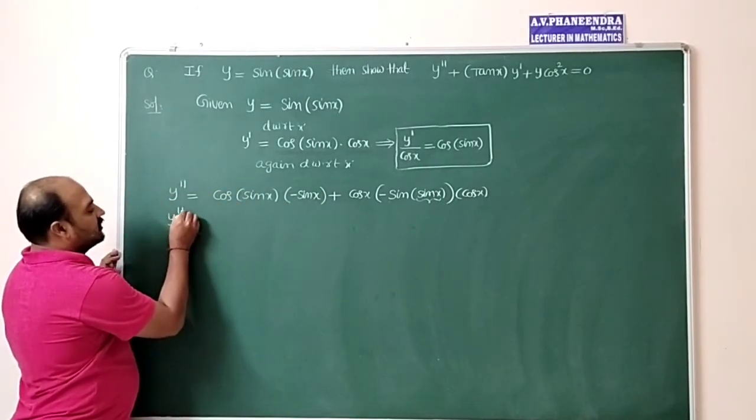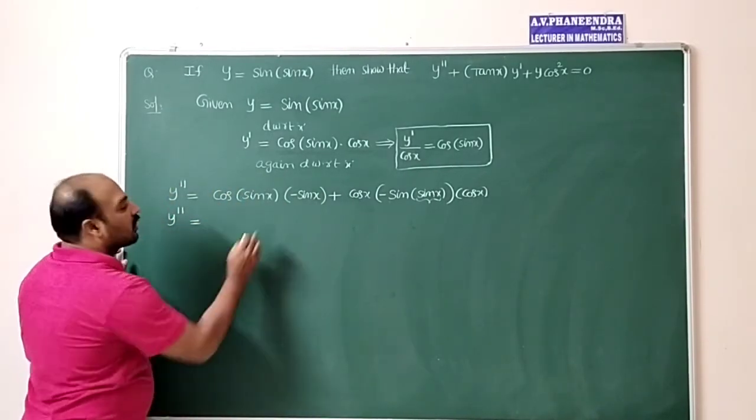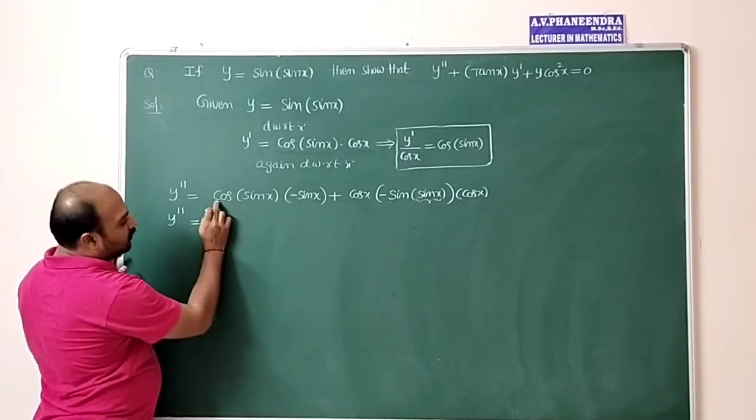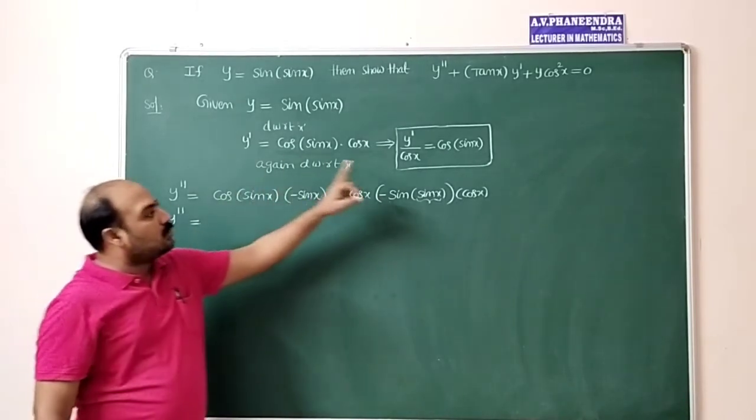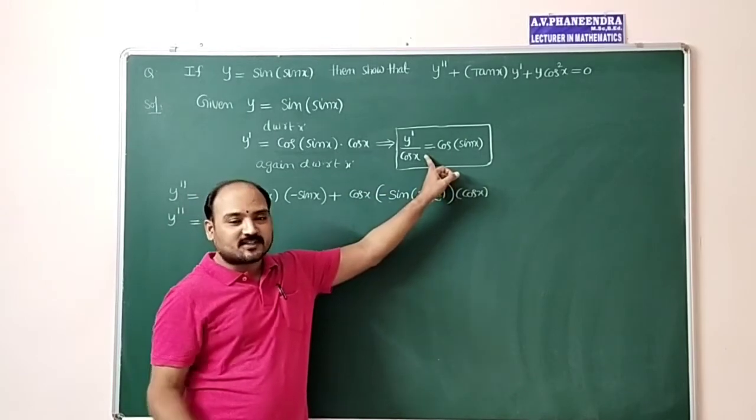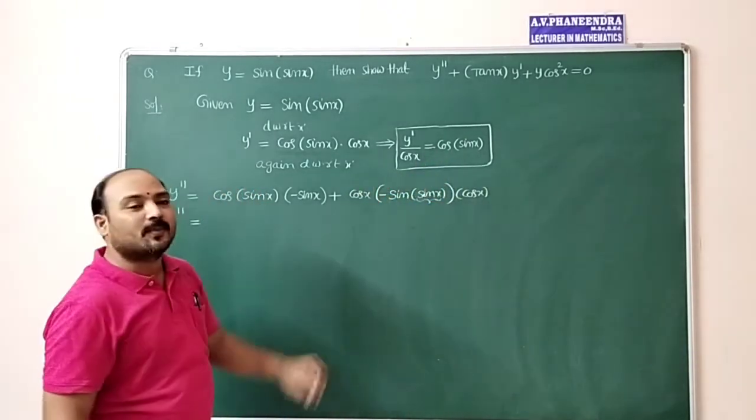Y double dash is equal to, in place of cos of sin x you have to write y dash by cos x. That is the reason we wrote this result separately.